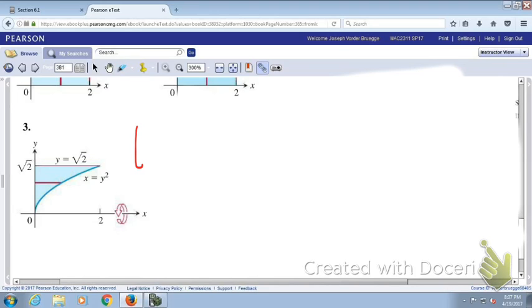So this is going to be this shape three-dimensionally. And I'm filling it up with shells. Okay.